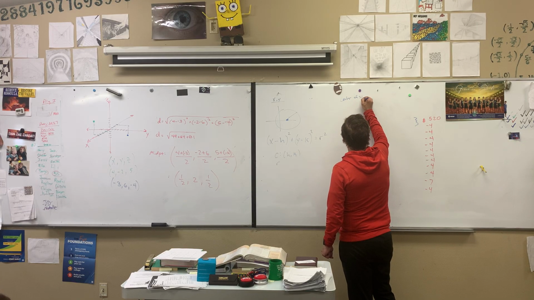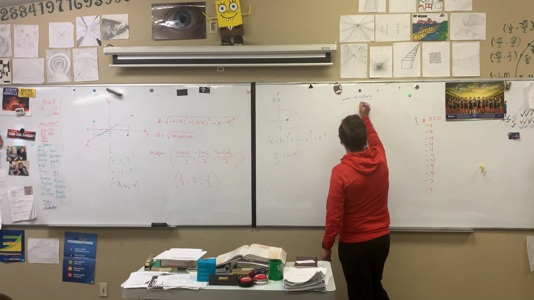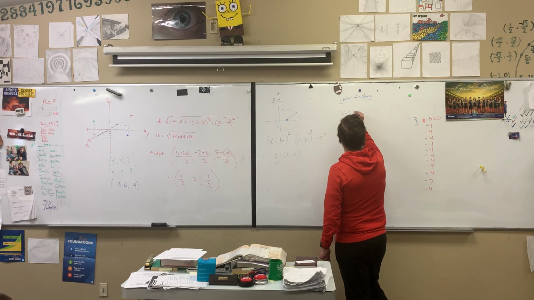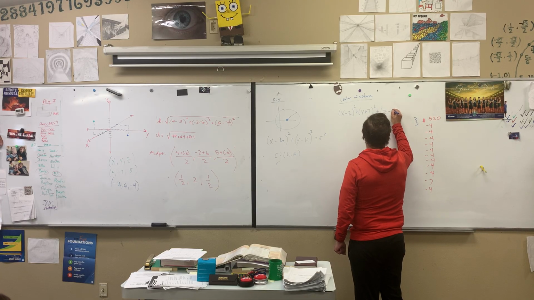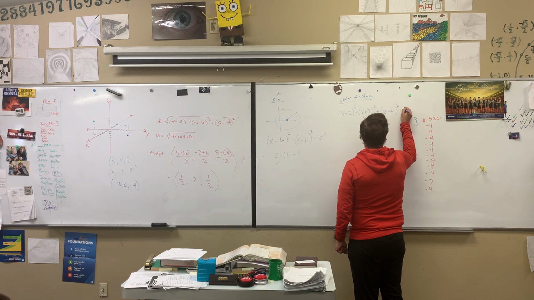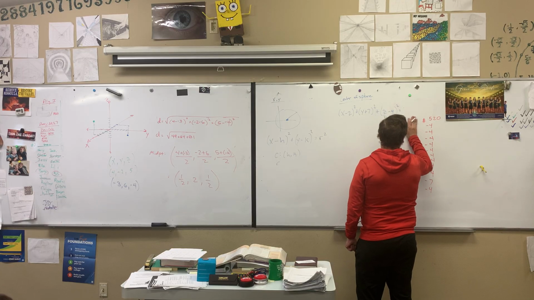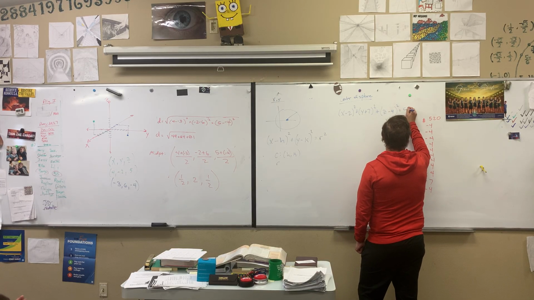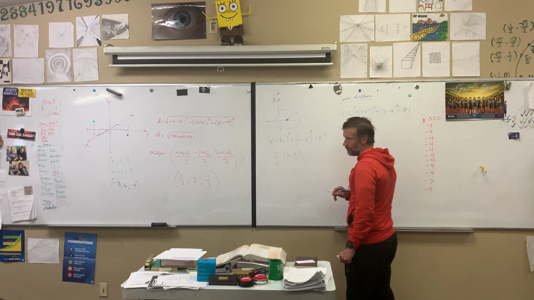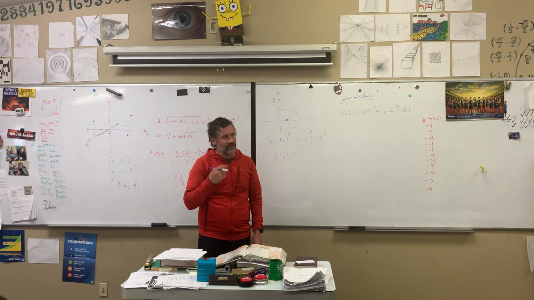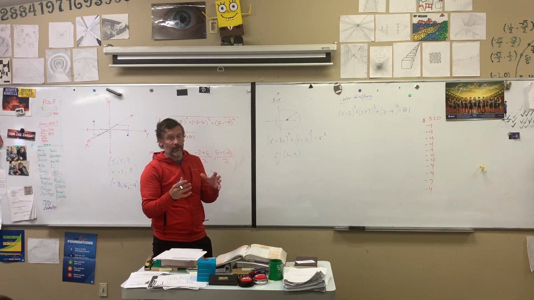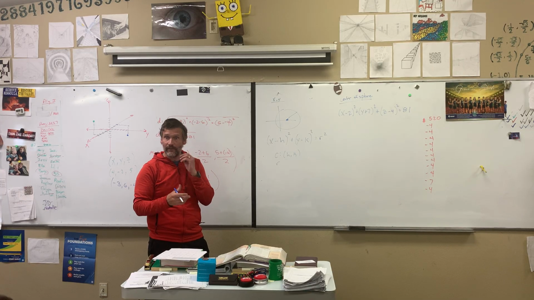So you're going to see an equation like this: x minus 2 squared plus y plus 7 squared plus z minus 4 squared is equal to some value over here. Let's say 81. Pick a nice, perfect square for us.